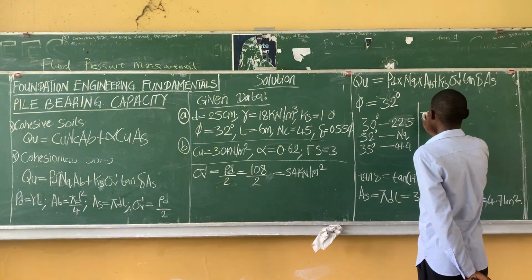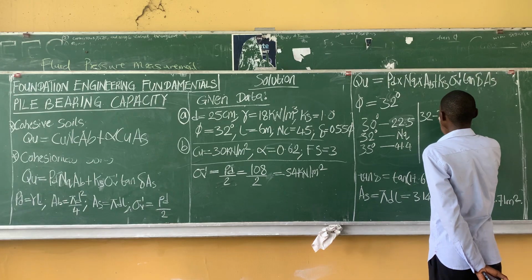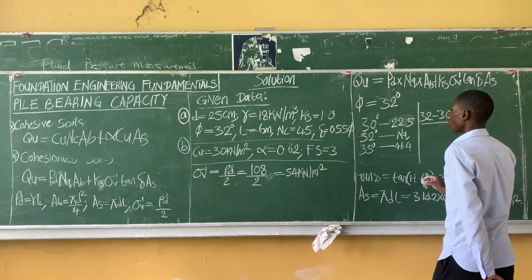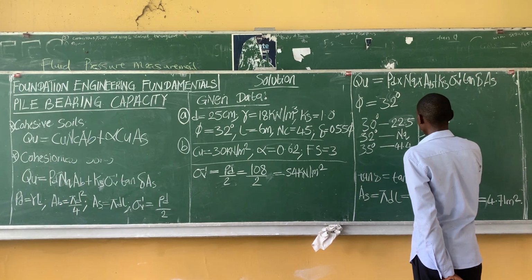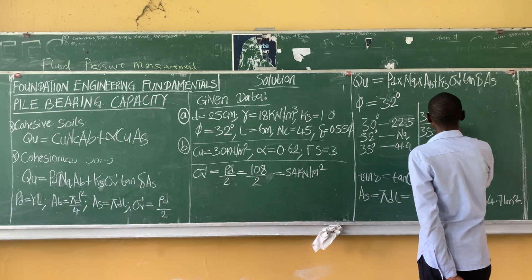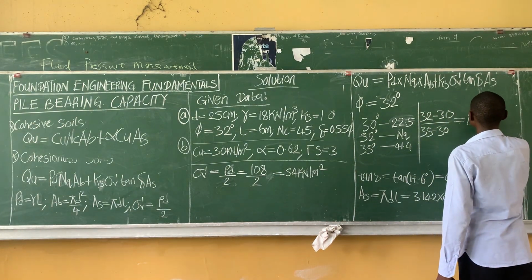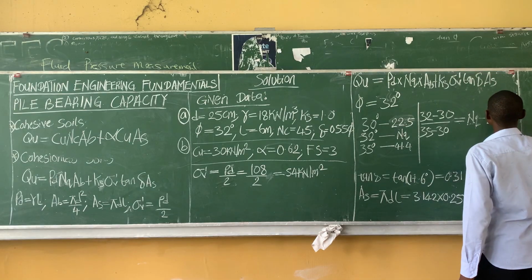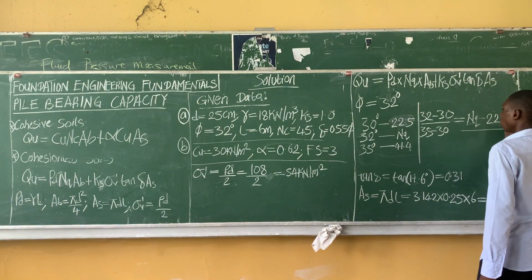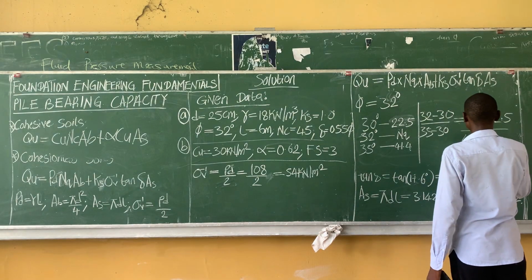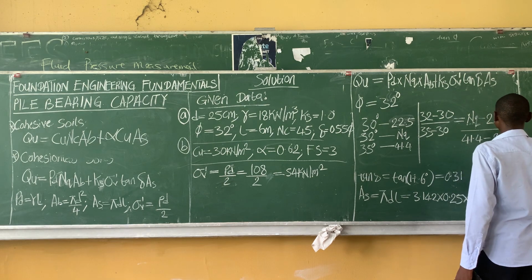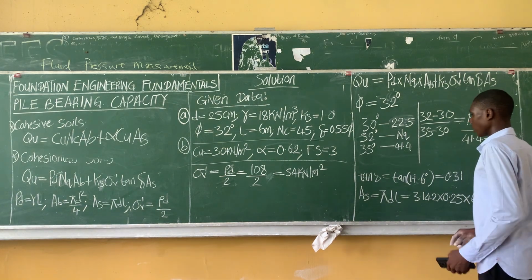So we have 32 minus 30 all over 35 minus 30 is equal to NQ minus 22.5 all over 41.4 minus 22.5.